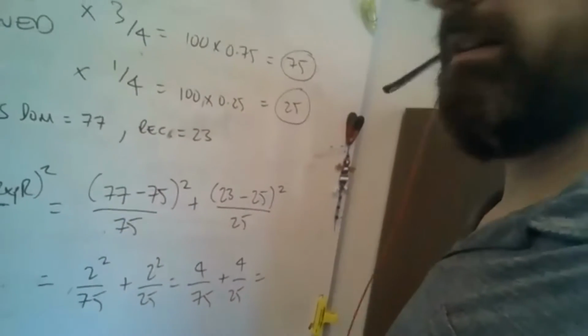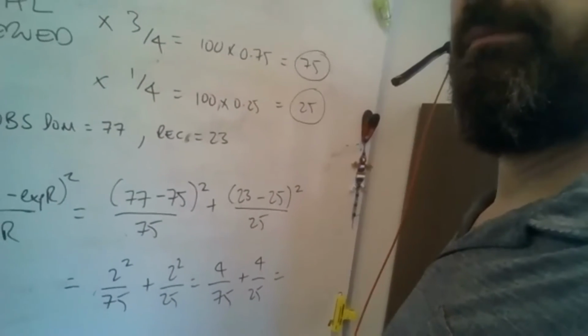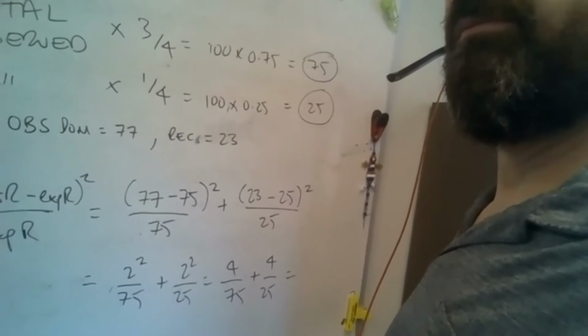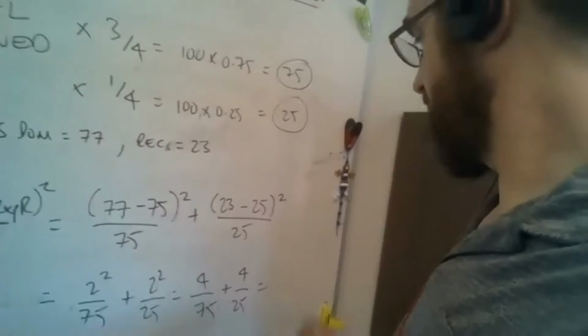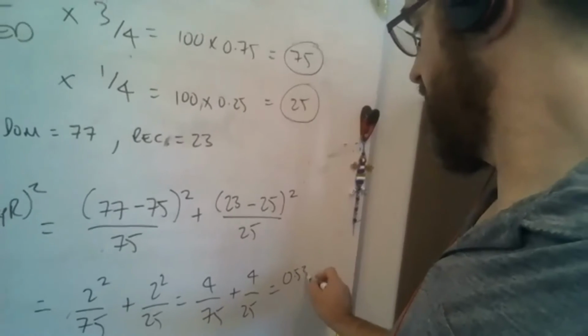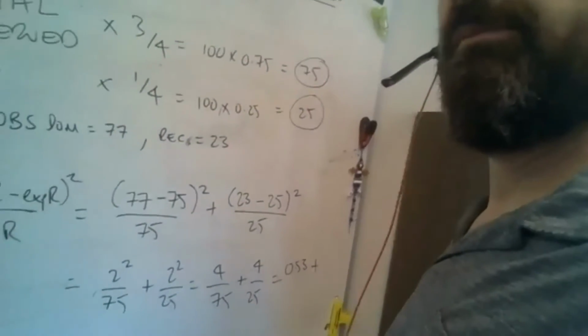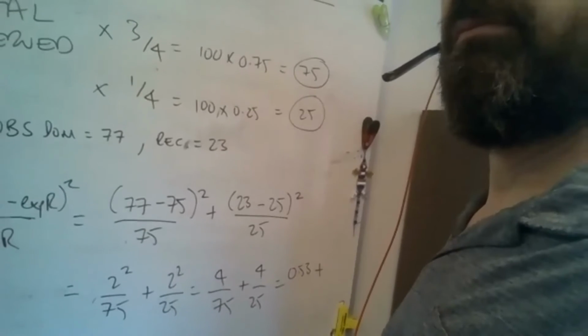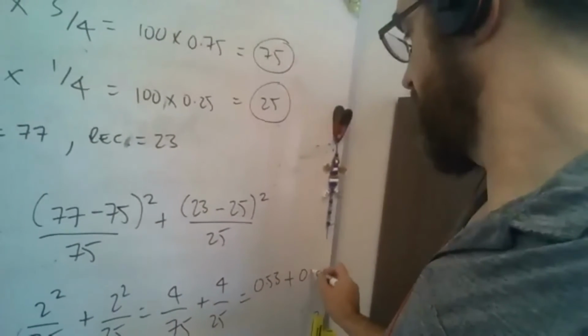Is that the total, Bianca, or just one of them? Okay, so that's 0.53 plus 0.16.